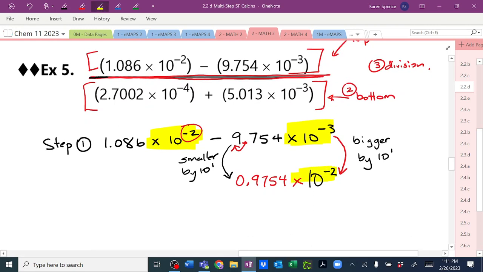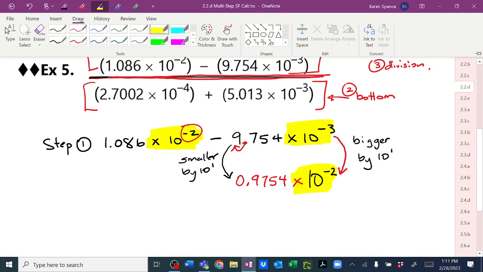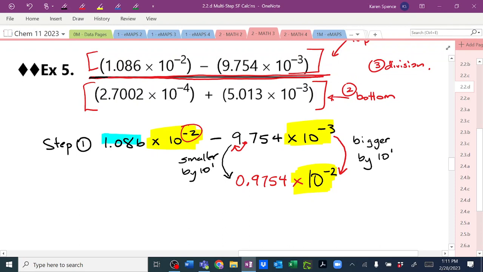So now our exponents are the same. We have 10 to the negative 2 and 10 to the negative 2. Our coefficients are 1.086 and 0.9754. So we can factor out the power of 10. Okay, so we're going to have over here times 10 to the negative 2.